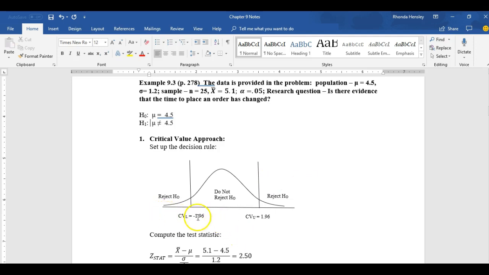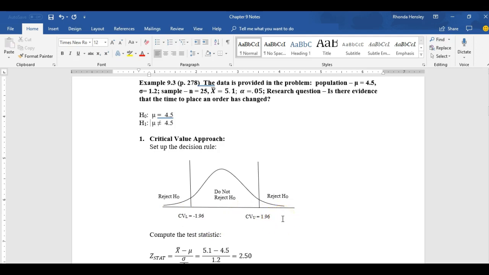And to find your critical value, you go to the normal distribution, you look up the area 0.0250, and you'll find a z-score of negative 1.96. And then since it's symmetrical, we'll have a positive 1.96 as the upper critical value. So lower critical value is negative 1.96, upper one is 1.96.